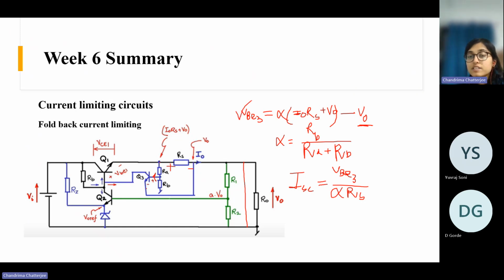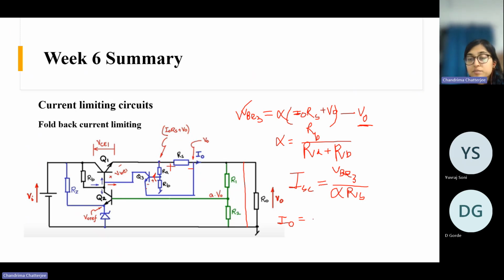And if you rearrange the equation, this is in normal condition, okay? There is no short circuit. So in normal condition, what is your output current? Your output current expression is, this is alpha, right?